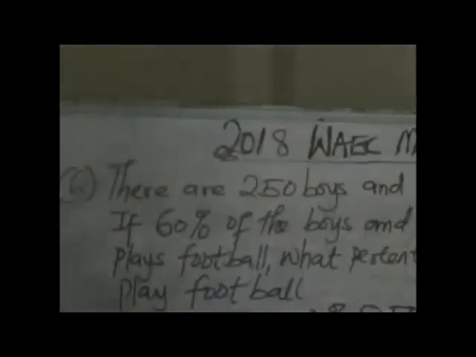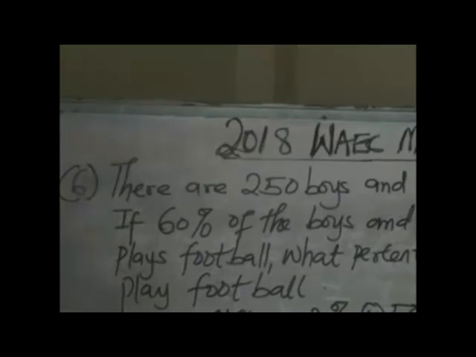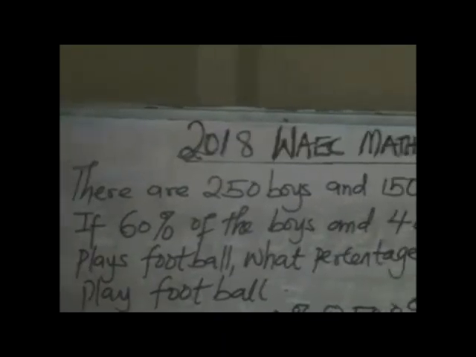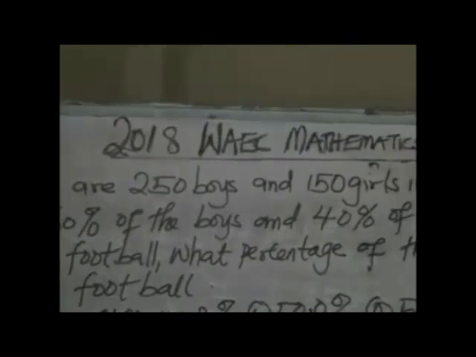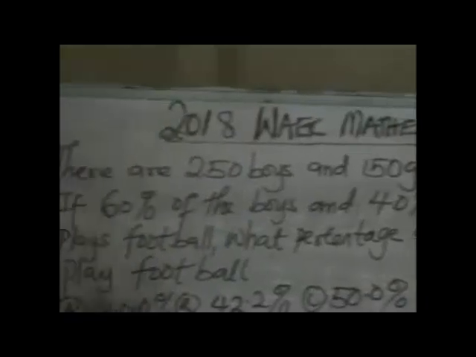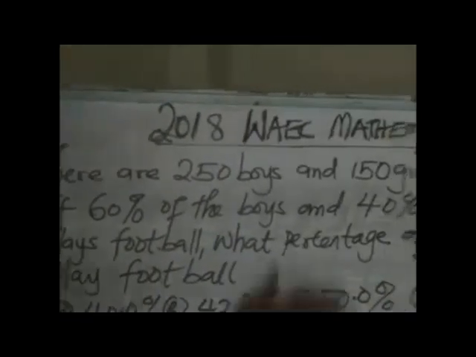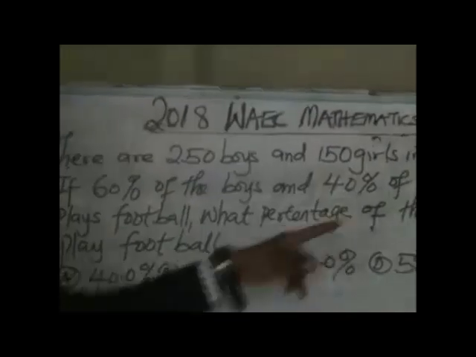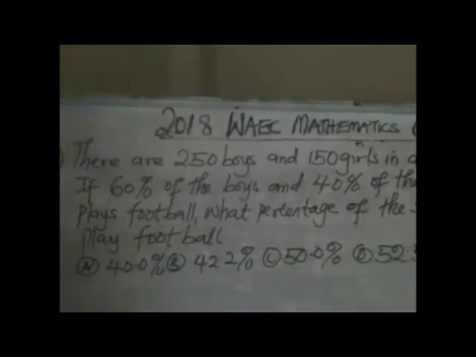Do you understand? Here is question 6 of the 2018 WAEC mathematics questions. The question is, there are 250 boys and 150 girls in a school. If 60% of the boys and 40% of the girls play football, what percentage of the school plays football?